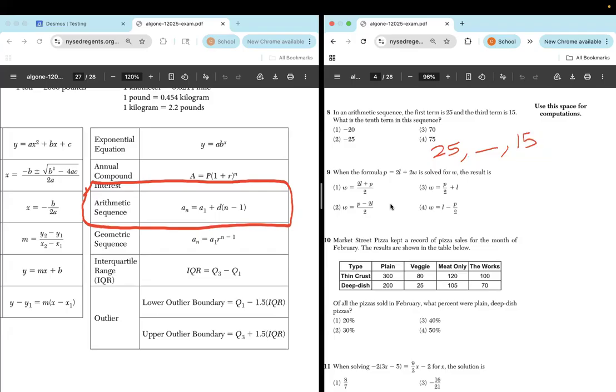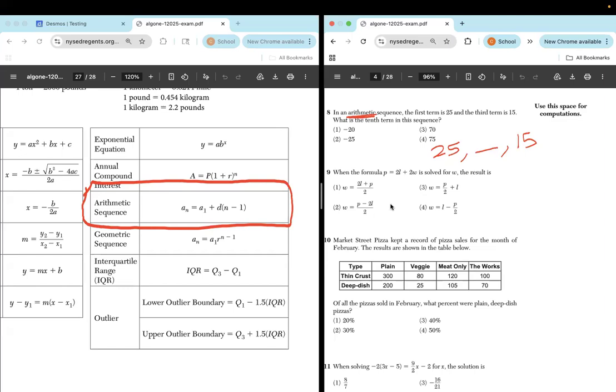Now, it would help here if we knew what the word arithmetic means. There are two kinds of sequences, arithmetic and geometric. Arithmetic sequences either add or subtract a number. And geometric sequences have a multiplier, like we saw in a previous question. But if you forget those words, look at the reference sheet. There are clues.